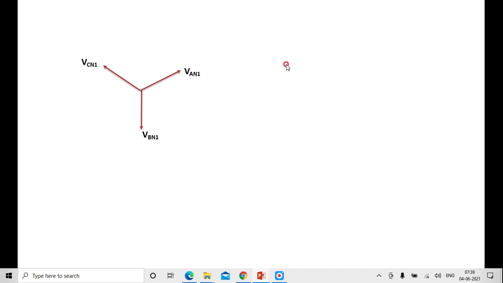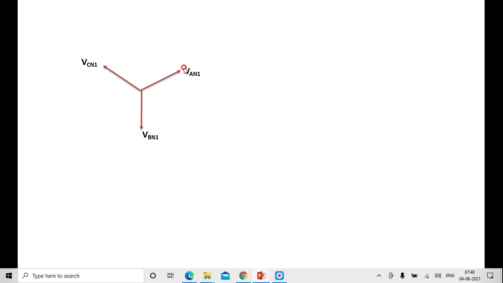first I am drawing the star side, the positive sequence component of the voltages. That is VAN1, VBN1, VCN1. All these are the positive sequence components of phases A, B and C on the star side, and here I am using the subscript AN, meaning it is the phase value.